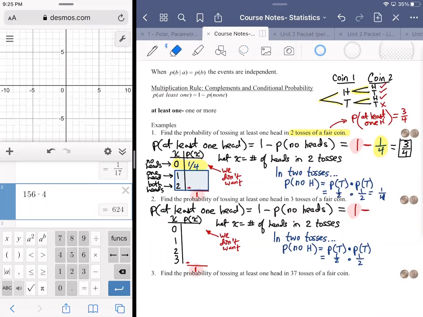All right, so it'd be the number of heads in 3 tosses. And again, in 3 tosses, if we're going to have no heads whatsoever, they would all have to be tails.